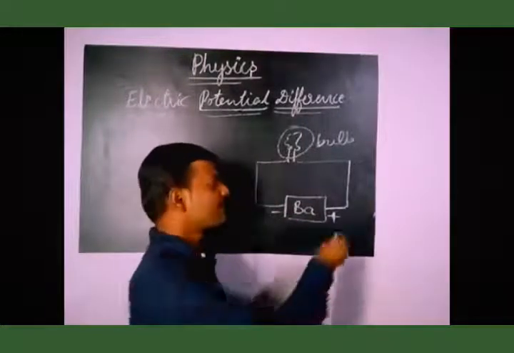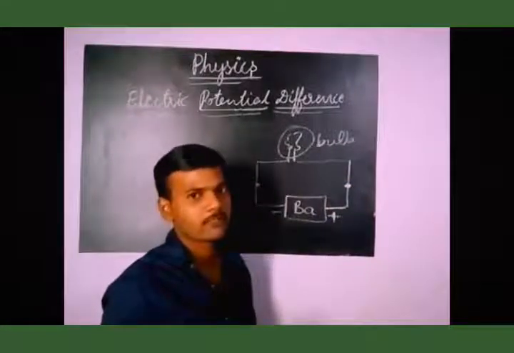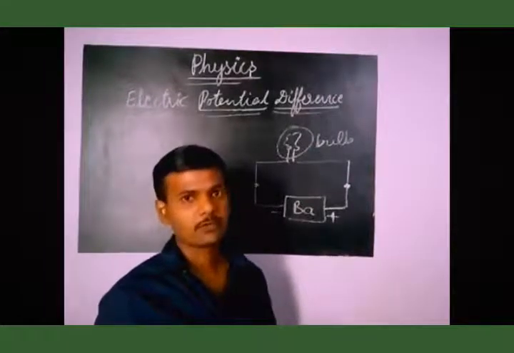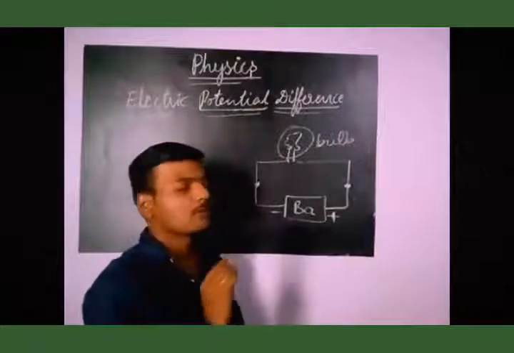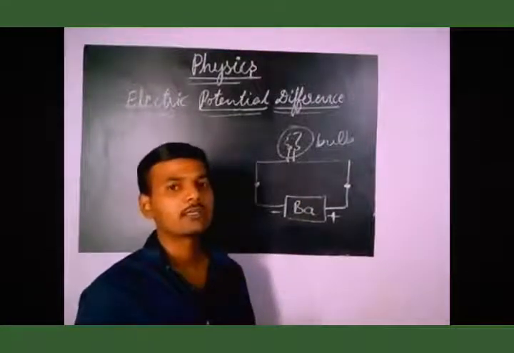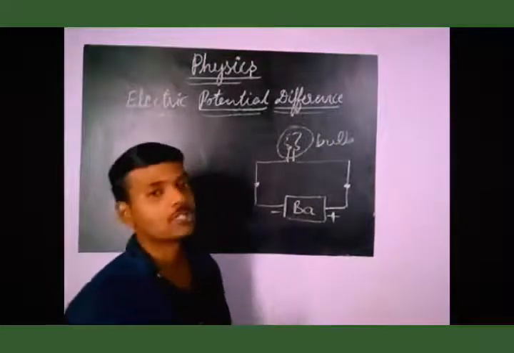There is a difference between one terminal and another terminal, and that difference is known as the electric potential difference. The charges moving from this point to this point have to do work, and that work done is the electric potential difference.